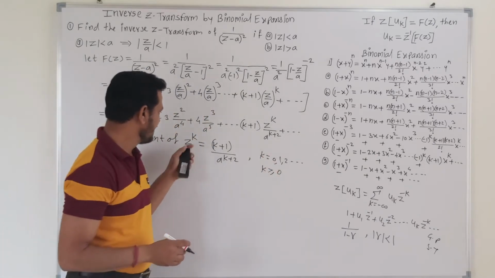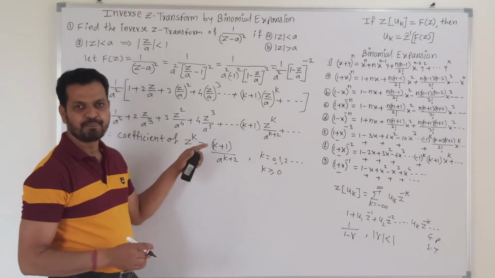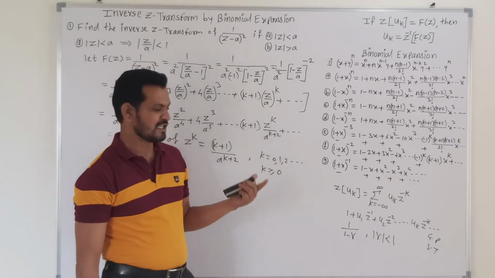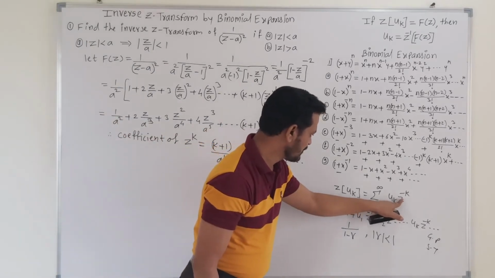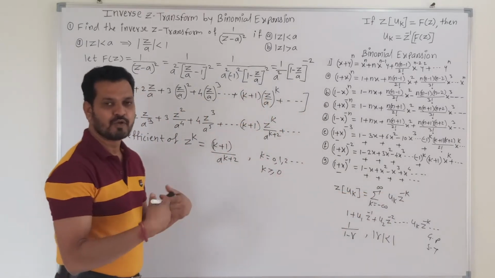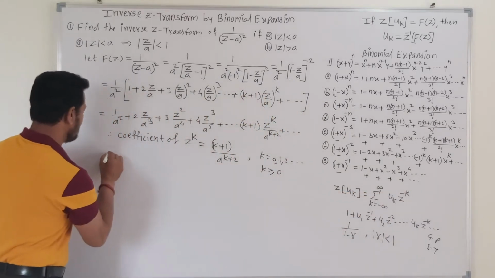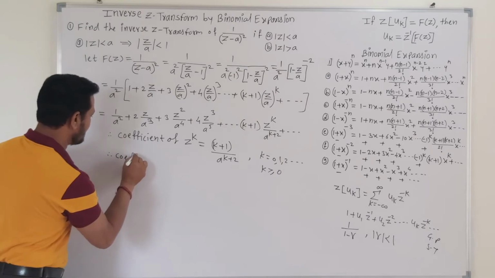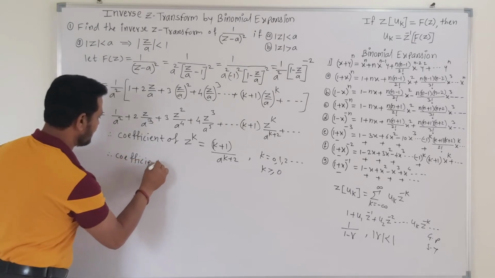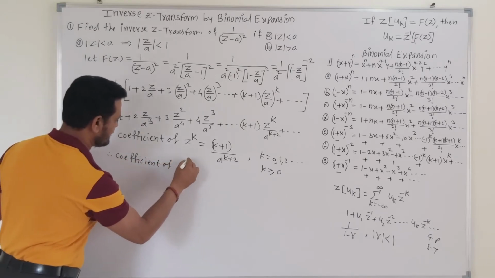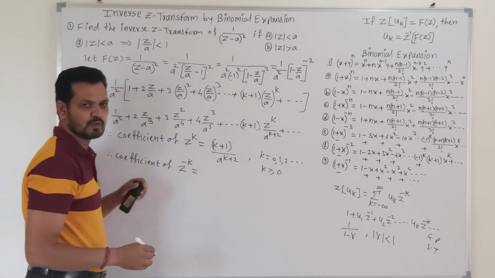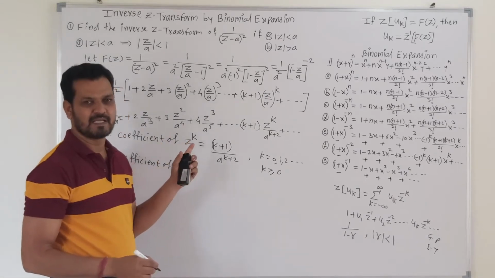Now friends, here we get the value of the coefficient of z raised to k, but to get the inverse z transformation, we require the value of the coefficient of z raised to minus k. So replace k by minus k. So therefore the coefficient of z raised to minus k, that means replace k by minus k, that means multiply by minus.